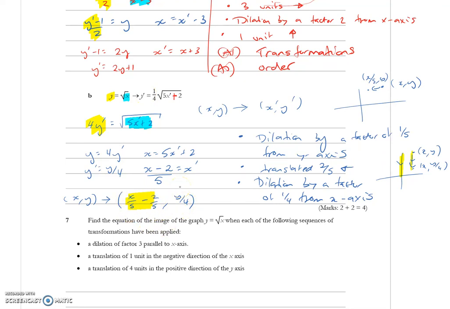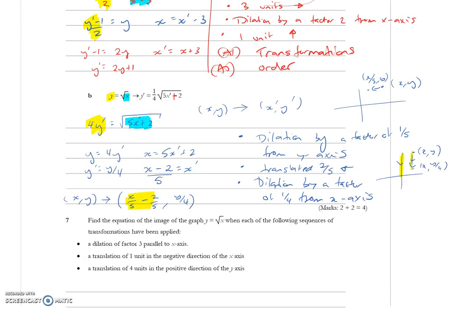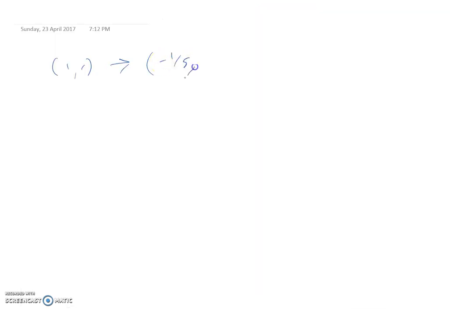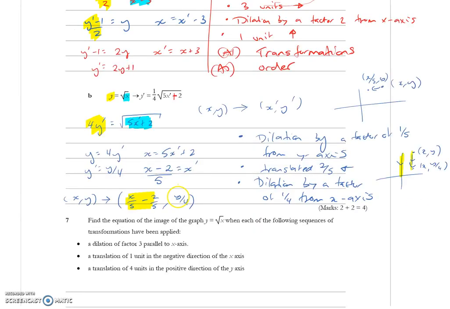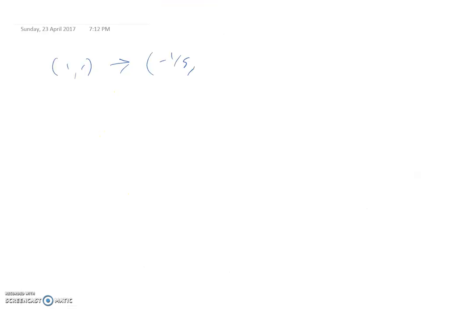So if I did that transformation, (1, 1) should go to 1/5 minus 2/5, which is minus 1/5, and y on 4 should be 1 on 4. So it should go to that, right?